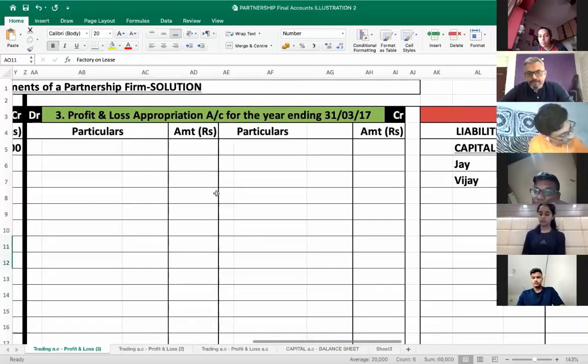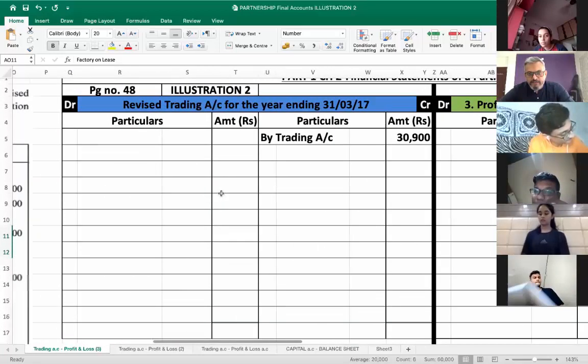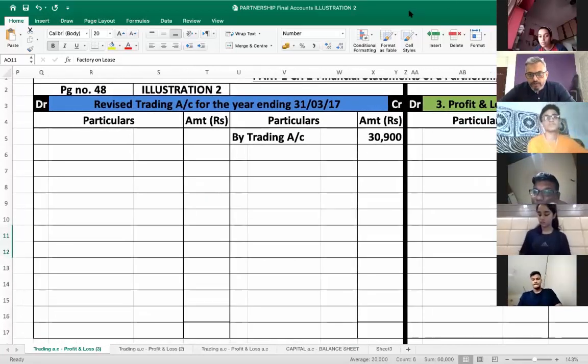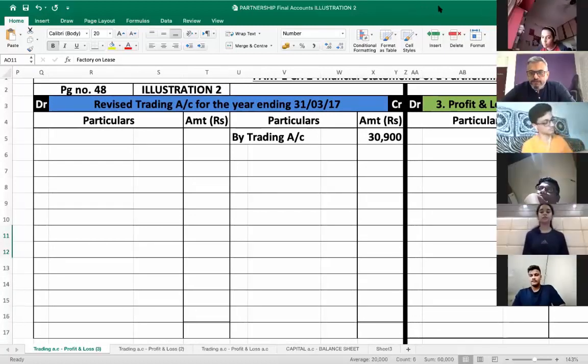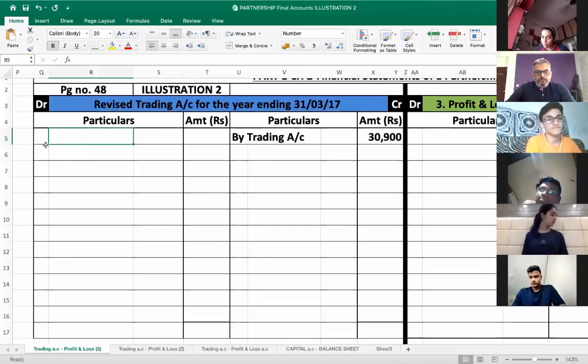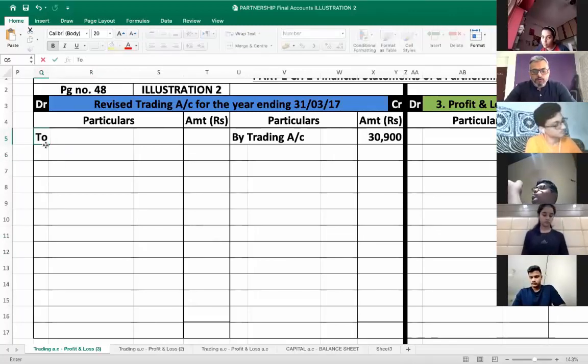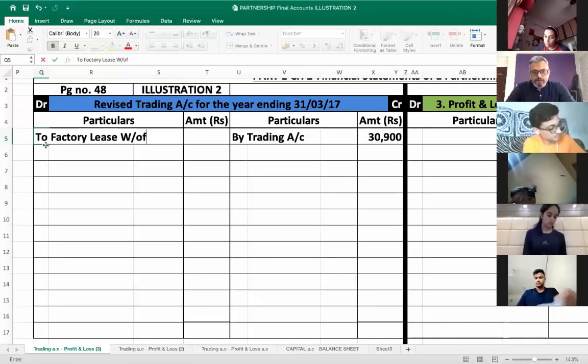Now second effect will go to trading account, revised trading account, because over here we are not making a manufacturing account. It is not in our syllabus. It is regarding factory. तो factory related कोई भी expense है तो वो trading account में record होगा. So we write over here to factory lease written off.